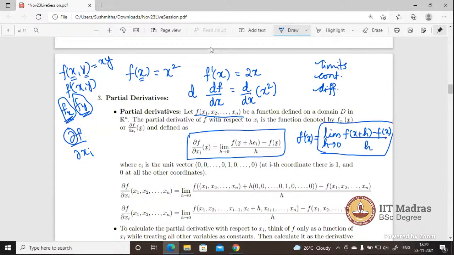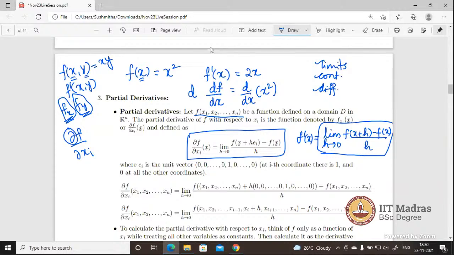If it's with respect to y, you say something, right? Because there are multiple variables. With respect to each variable, I can calculate the rate of change, right? So that is what a partial derivative is. When you say dou f by dou xi, it means the rate of change of f with respect to xi. So in that case, you call it partial derivative.